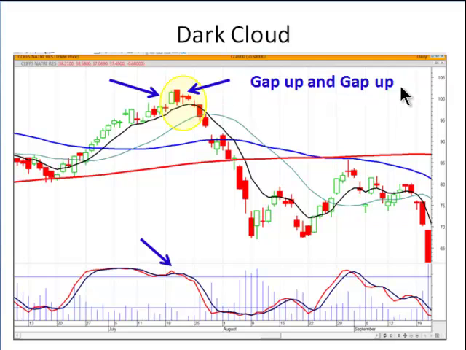The signal itself on a dark cloud is a gap up above any of the trading of the previous day's candle. Now that is a little bit different than your bearish engulfing signal. The bearish engulfing signal does not have to gap up above any of the trading. It just has to open higher than the previous day's close. The dark cloud trades above any of the trading.